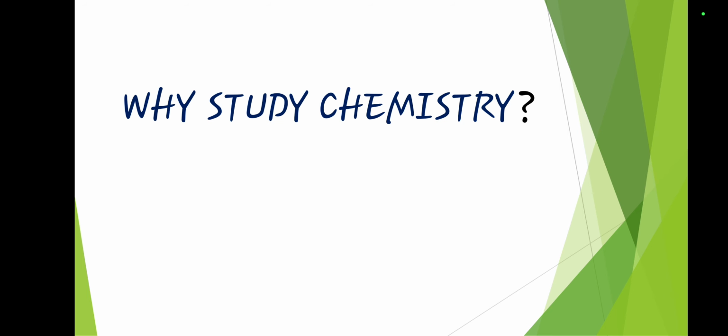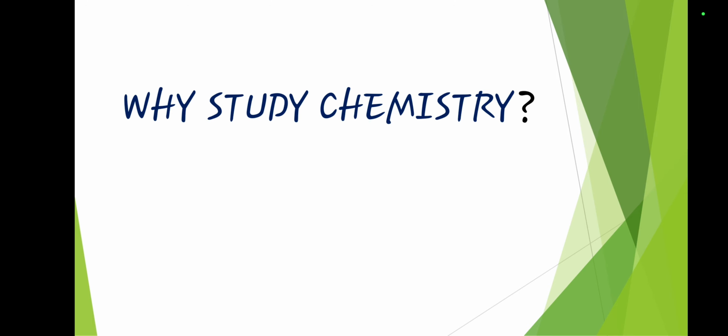So with that, why do we need to study chemistry? Number one, we need to know everything. We have to know the things that surround us. We have to know the properties that belong to those things, and whether they are chemical or physical properties. Why? Because we need them.